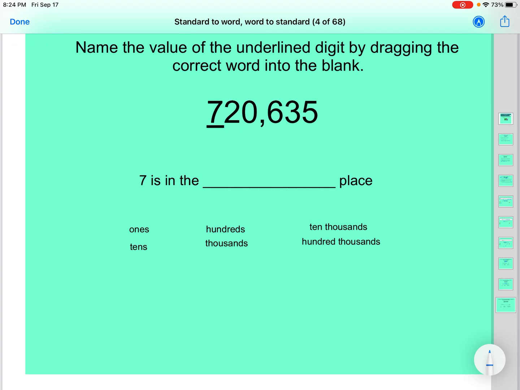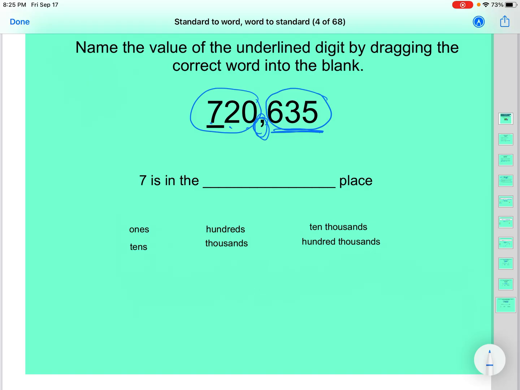Let's try reading that large number first. Read me the first chunk. Say 1,000. And then read me the second chunk. The correct way to read this number is 720,635.